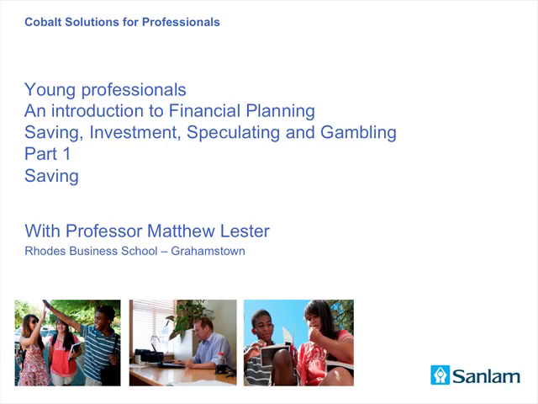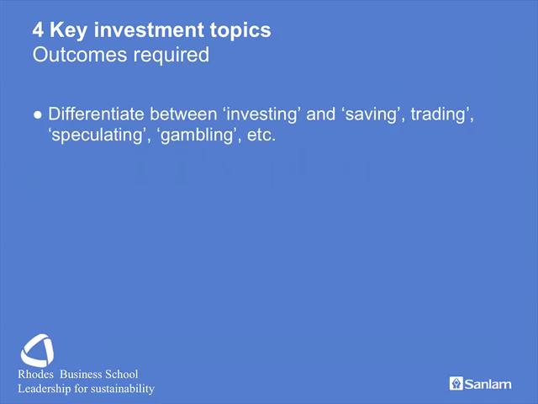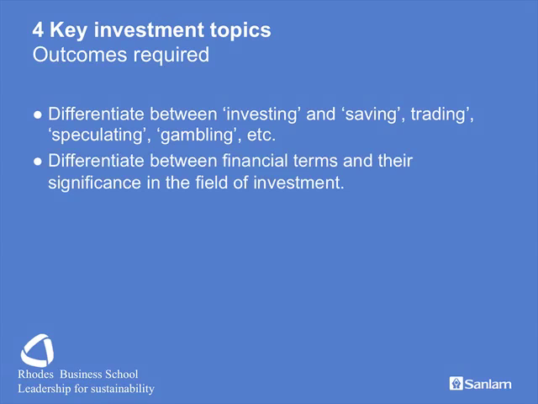Young professionals starting off a career often ask the question, what is the difference between saving, investment, speculating, and gambling? And they need to really look at four key investment topics. They need to be able to differentiate between investment, saving, trading, speculating, gambling, etc. They need to look at the significance in financial terms of the different fields of investment.